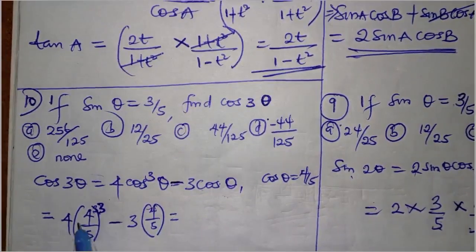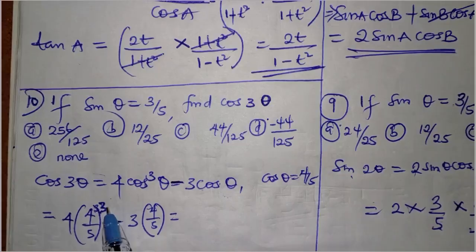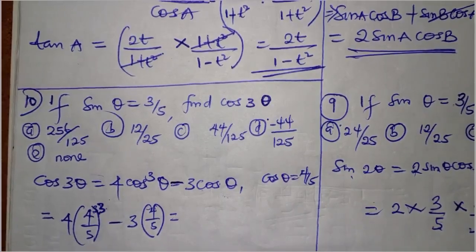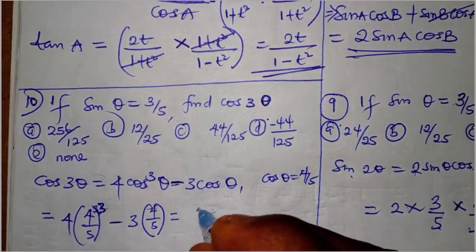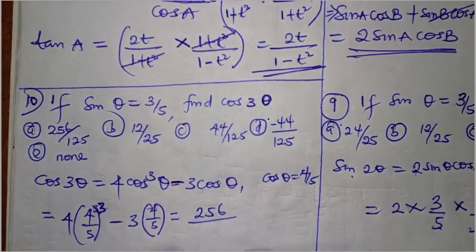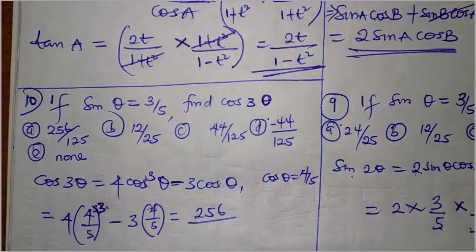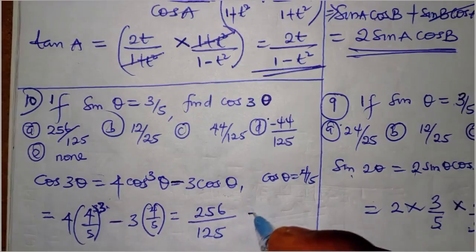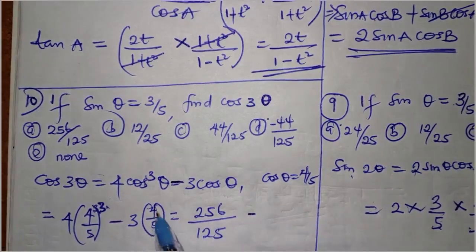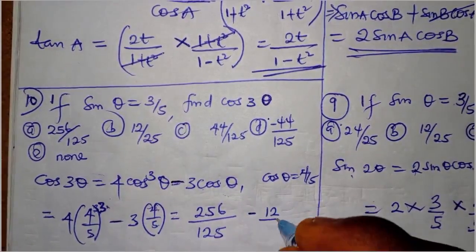Okay. 4 cubed is 64. 64 times 4 is 256. 5 cubed is 5 times 5 times 5, and that is 125. Minus 3 times 4 over 5. 3 times 4 is 12. So this is 12 all over 5.